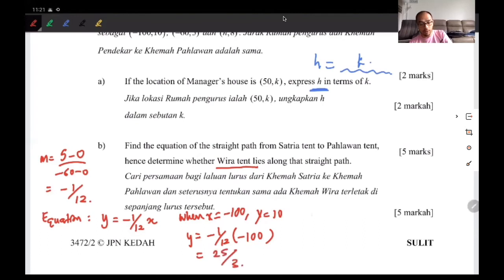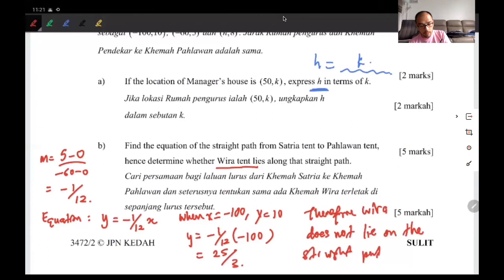Therefore, Vira does not lie on the straight path, because the y is not equal to 10. If y equals to 10, then it would be on the path, but it is not. So very sad.